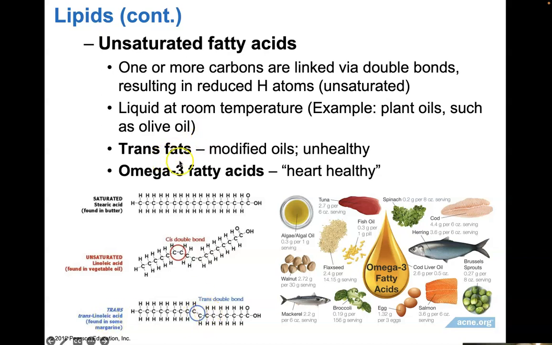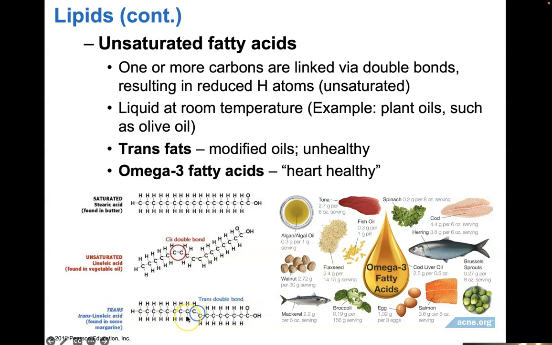And so what ends up happening is, the reason that we originally liked trans fats is that they form a chain that packs nicer together. Basically we increased the longevity of some of our shelf foods because these fats would stay more solid at room temperature, okay?